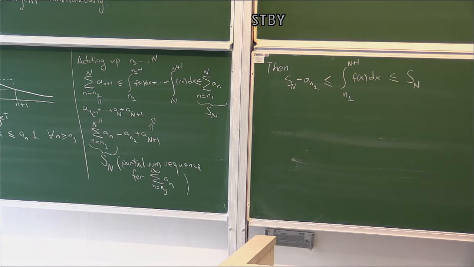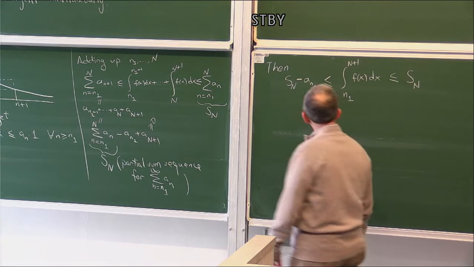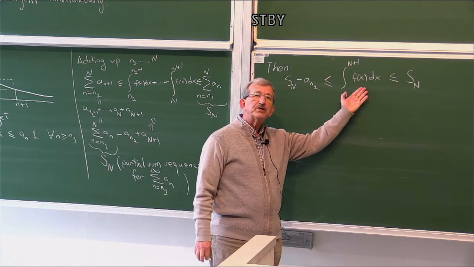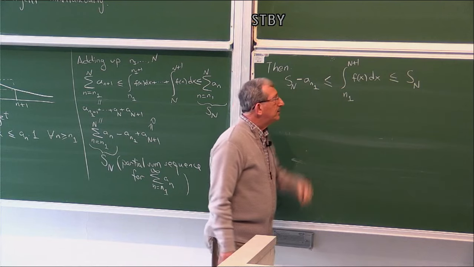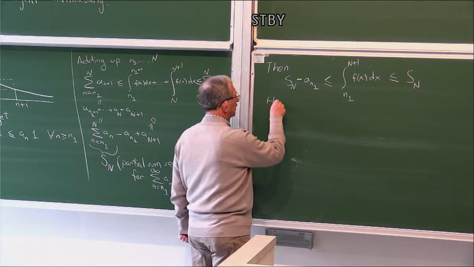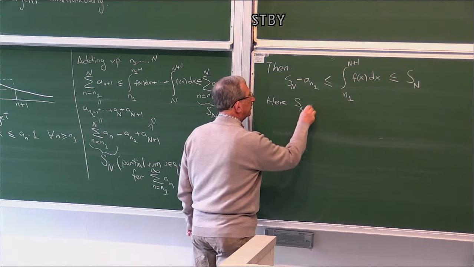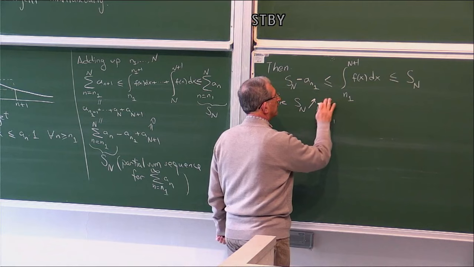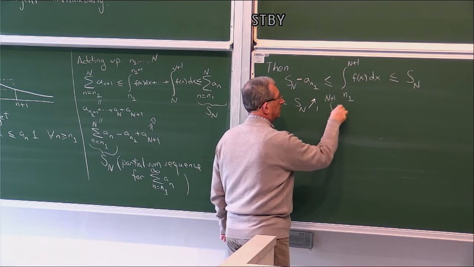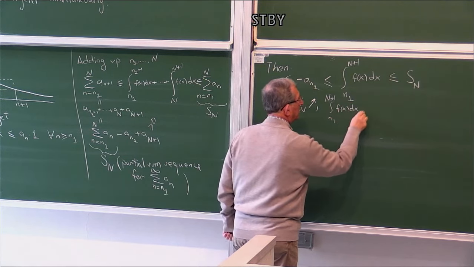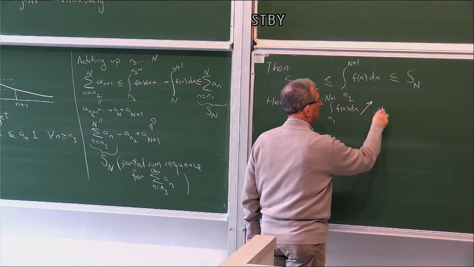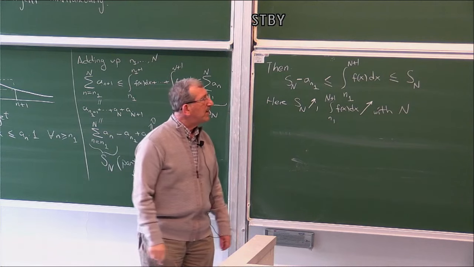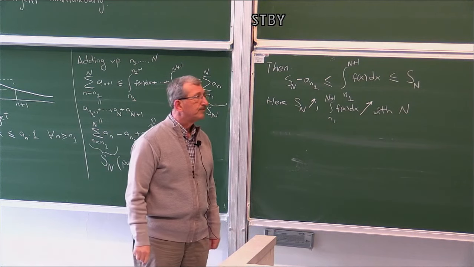Now we observe that each of the two terms, Sn and the integral, increase when n increases. So here Sn is an increasing sequence, but also the integral is increasing with x. So we can regard them as two sequences.